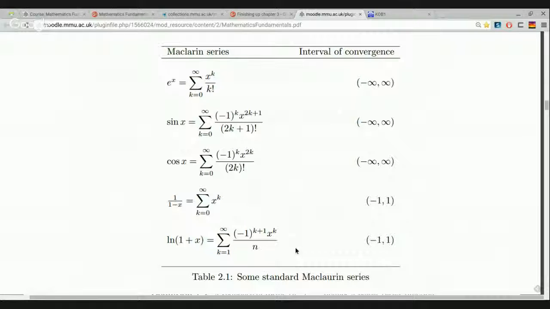You'll also see them occur in later units when you're looking at the numerical solutions of differential equations in your second and third years and partial differential equations. Very often we use approximating techniques, which a lot of them are based on this idea of using a Taylor series and power series. Okay.